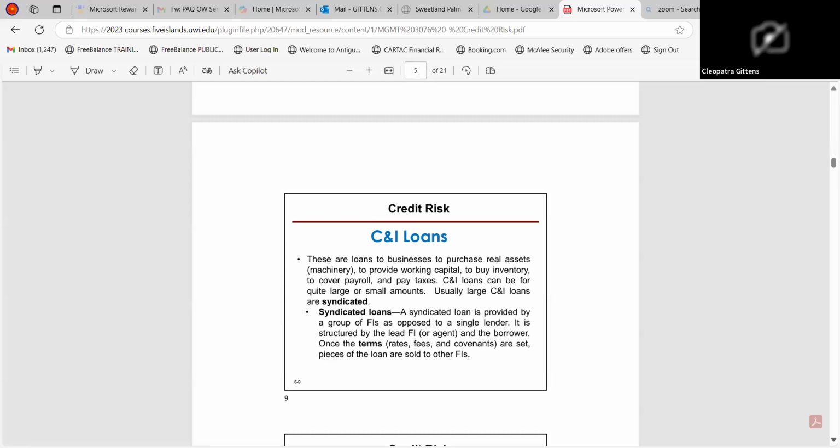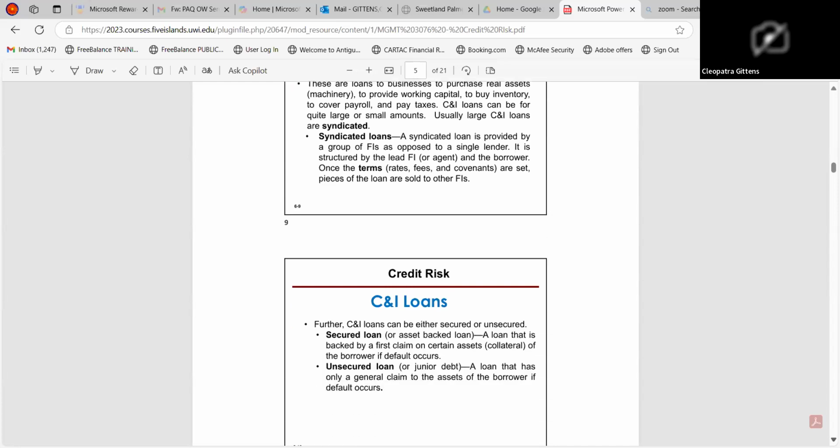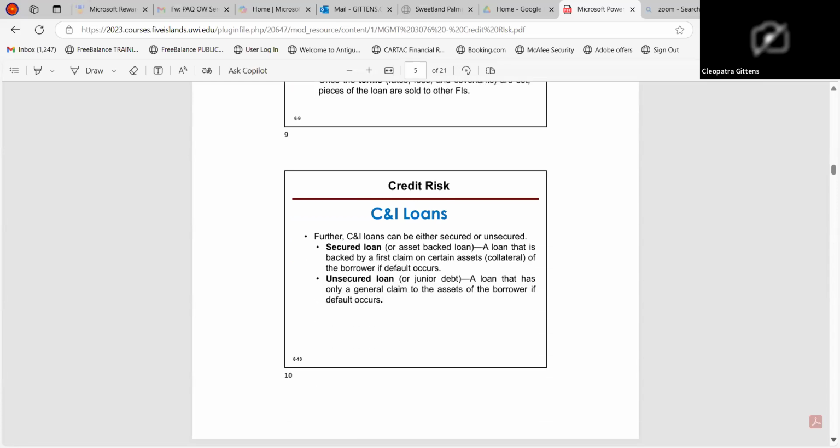So the agent is going to look at things like rates, fees, covenants. We'll talk about those a little later, right? And so that is one way that a financial institution will spread its risk. Okay, reduce its risk by spreading that risk among several lenders.